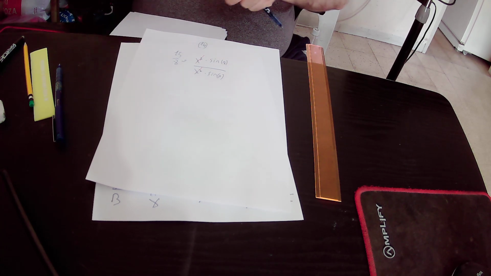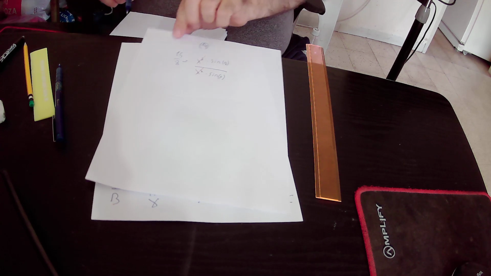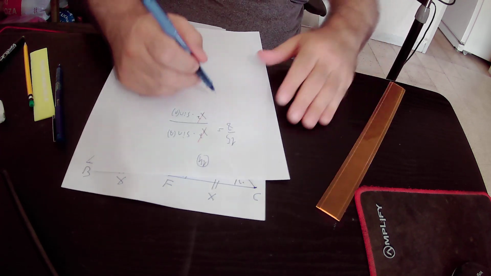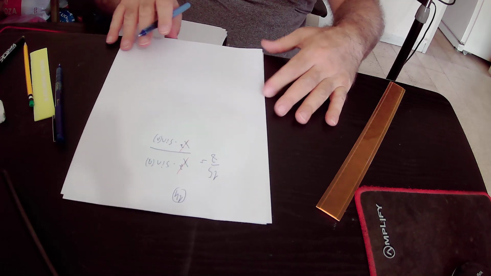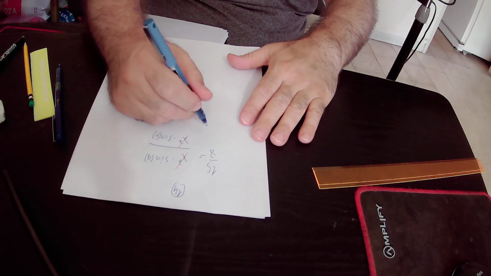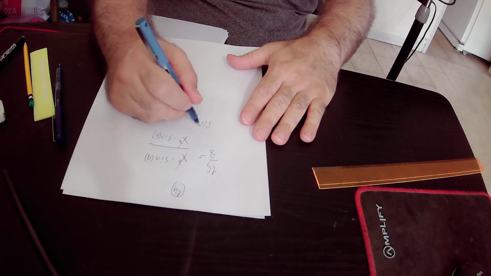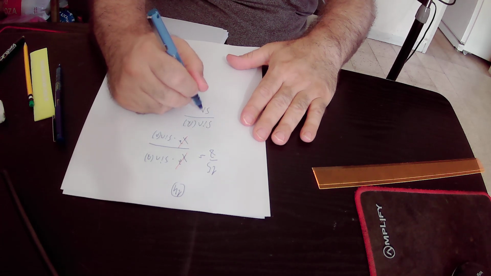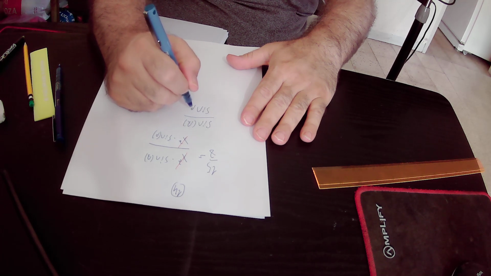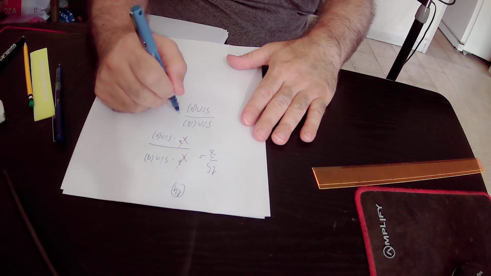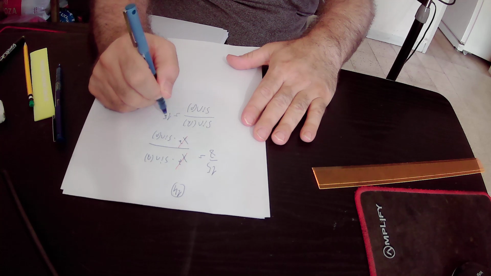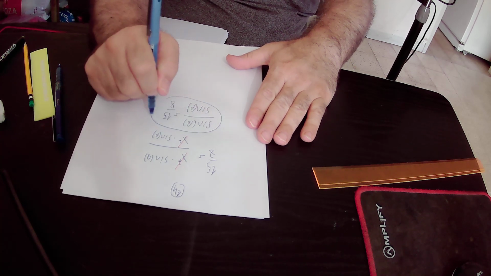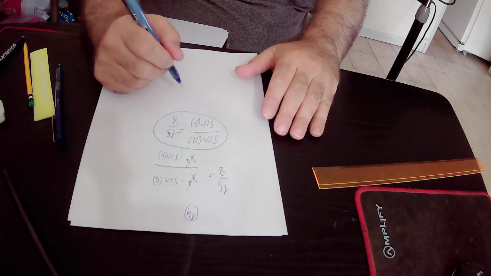So in total we got that sine Q over sine P equals 15 over 8. Okay? Sine Q over sine P equals 15 over 8.